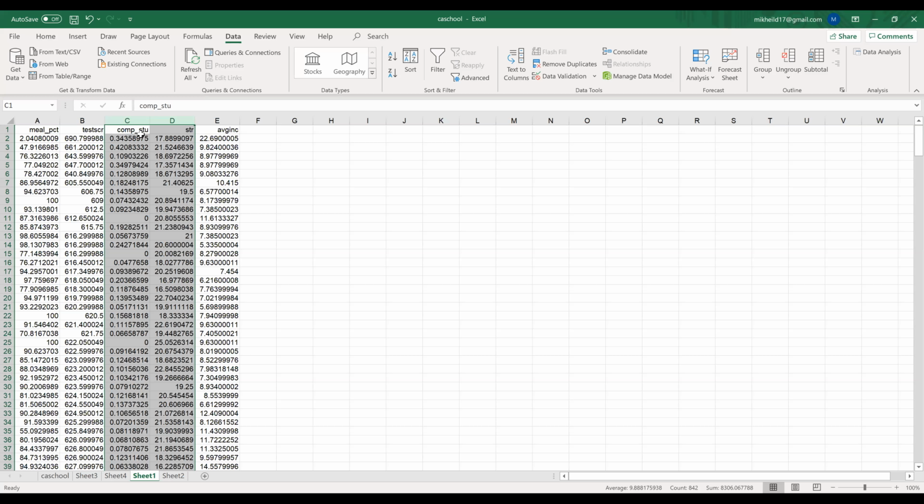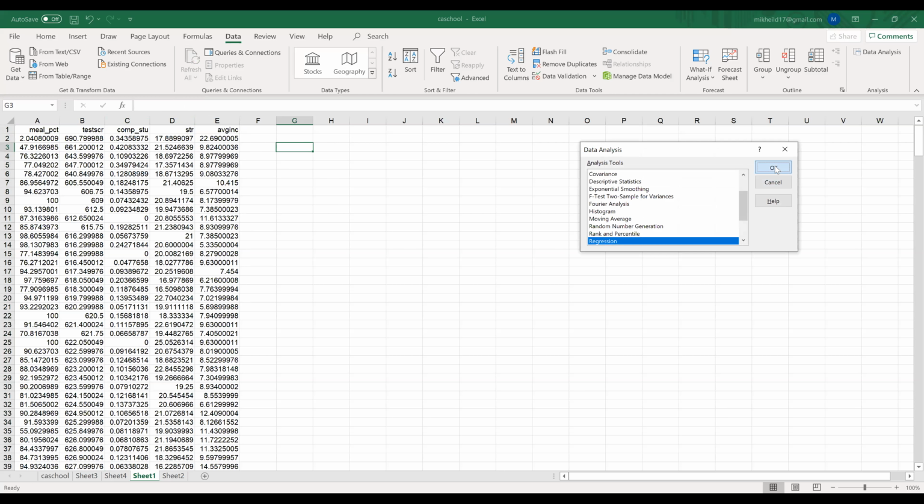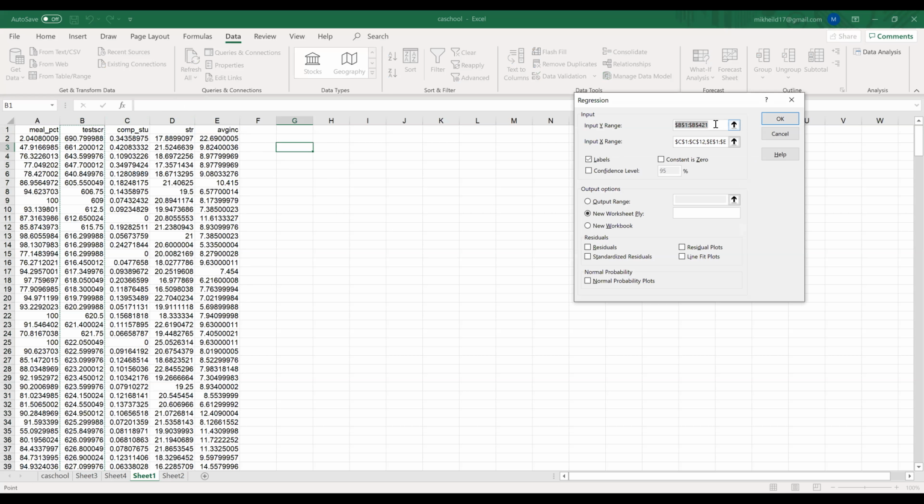Do the same thing, please. Then go to data, data analysis, and regression. Y range is fine. We just need to adjust the X range. Now I can select these together, okay?